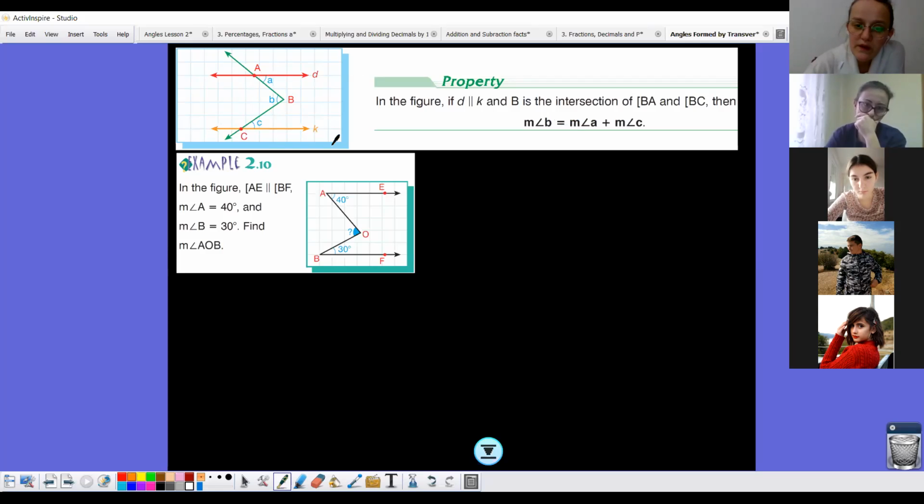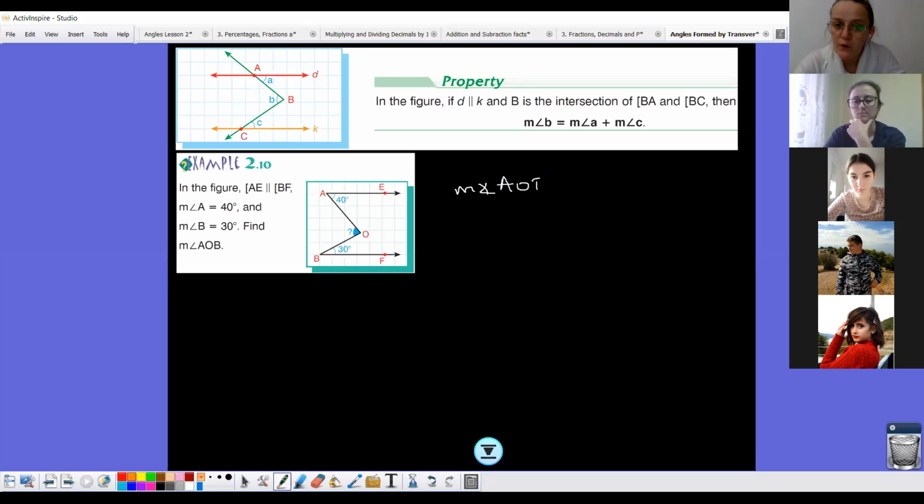So here we have a question. It's given that AE is parallel to BF, and measure of angle A is given as 40 and B is given as 30. We are looking for AOB. What will it be? Directly, you can say 40 plus 30, which is 70.